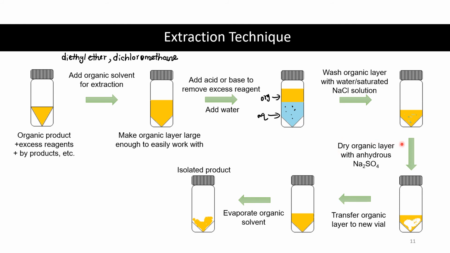As a further step, to dry the organic layer, we add anhydrous sodium sulfate, which also has a high capacity to absorb water present in the organic layer. So we do that to make sure the organic layer is completely dry of water.